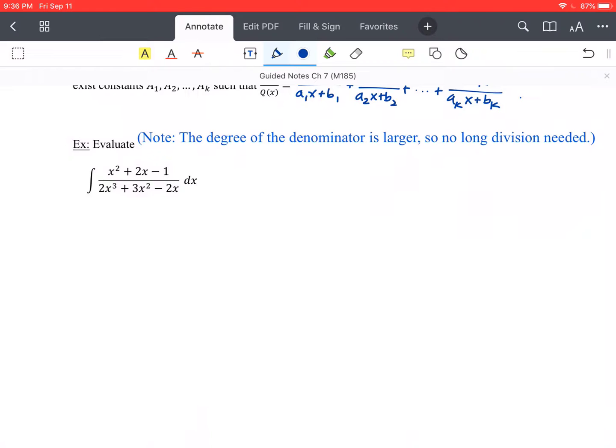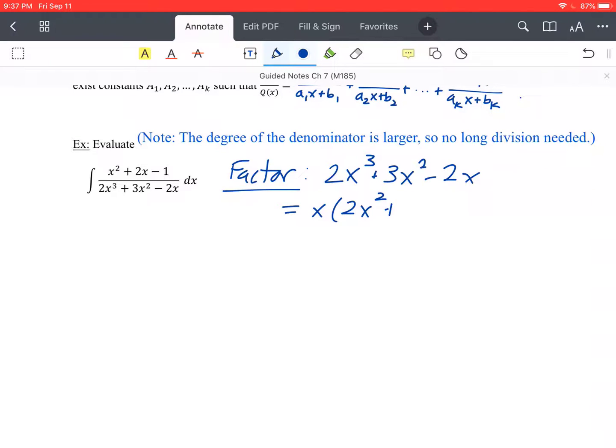Now, our next job is to try to factor that denominator as much as possible. So the 2x cubed plus 3x squared minus 2x. Notice there's a factor of x in the whole thing. So 2x cubed plus 3x squared minus 2x is going to be x times 2x squared plus 3x minus 2.